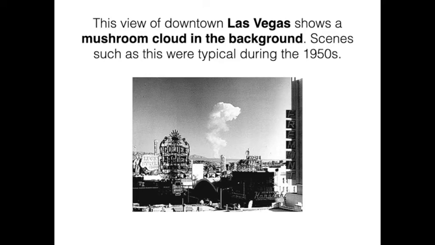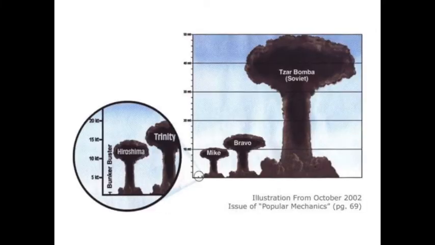Okay, so as time progresses, all these tests do pay off, and the countries get much, much better at their nuclear bomb technology. So this diagram shows the size of the explosion at Hiroshima there on the left-hand side, and then next to it's a test called Trinity. If you look at the graph, I'm going to circle part of it here.